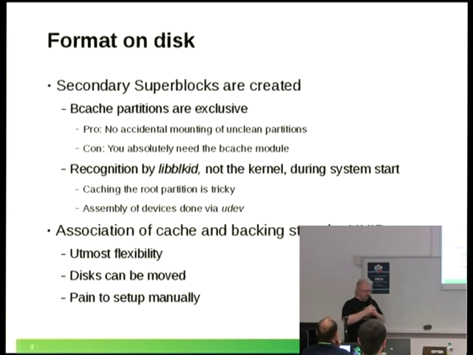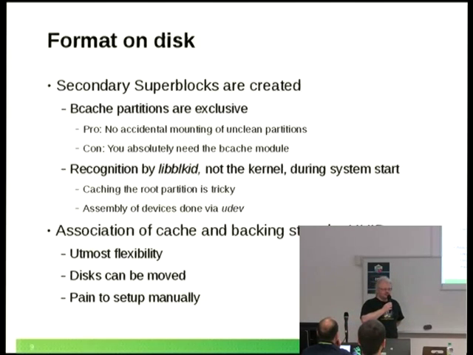So from your point, the cached partition is no longer a normal file system. The blkid tools will show it as a Bcache partition. Actually, they should. They didn't on factory. I fixed that. Well, I've made a patch. It's not yet submitted.